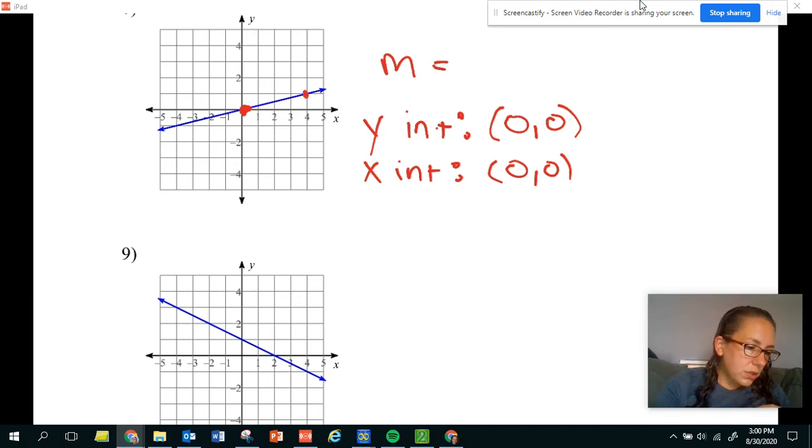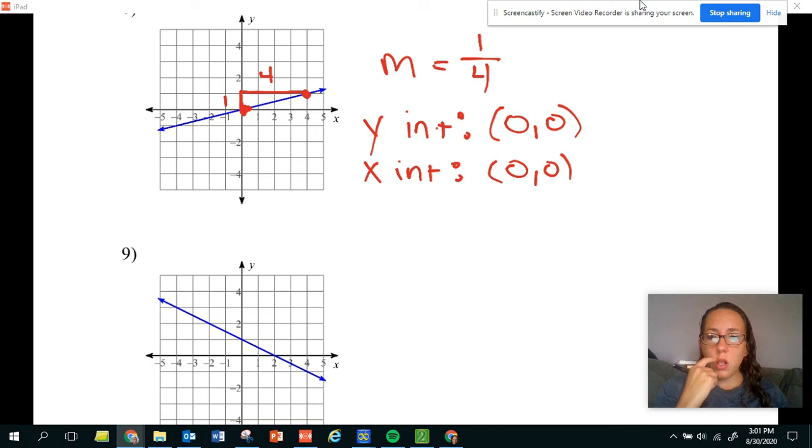So I'm looking for another corner of the box. And then I'm going to draw a triangle. You don't have to, but I'm going to at least count how many spaces I go up or down and then left or right. So remember, the up and down is on top, the left to right is on bottom. It's rise over run. So my slope is 1 over 4. Cool?